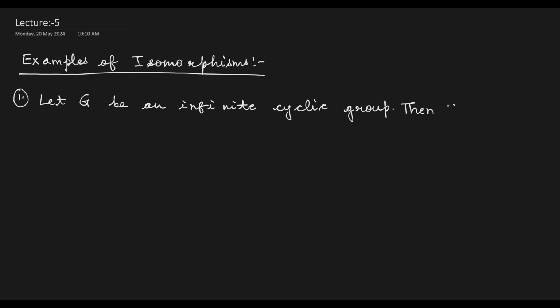Then G is isomorphic to Z, because we know that Z is an infinite cyclic group.